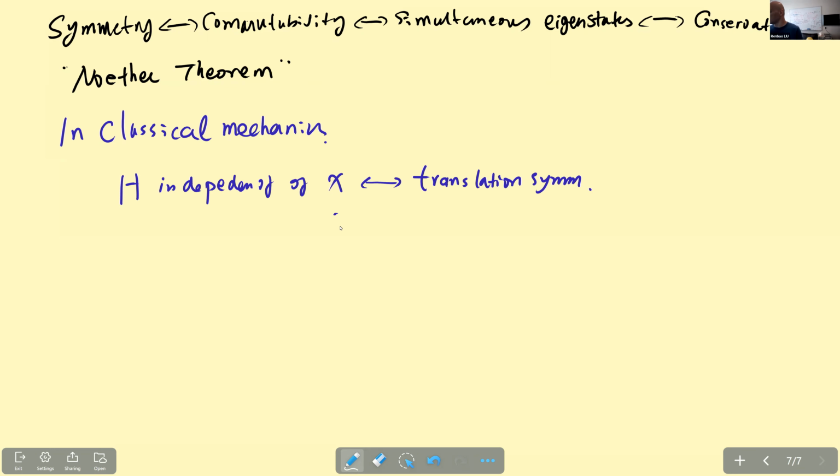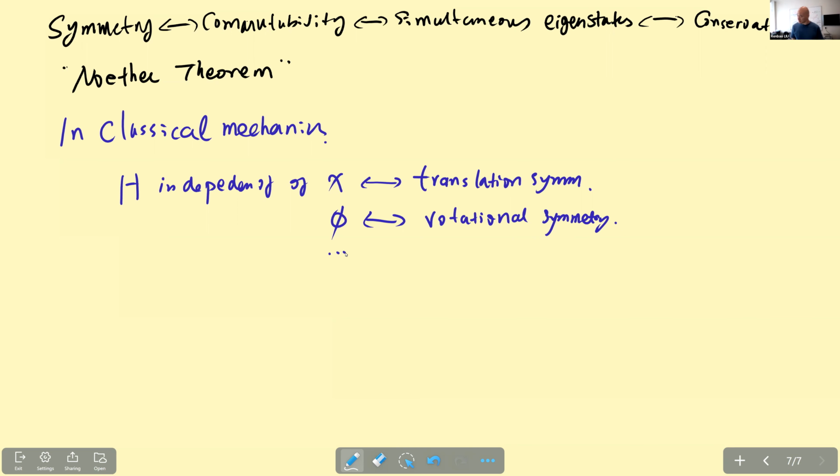Or independent of angle, we know that there's rotation symmetry, and so on and so forth.